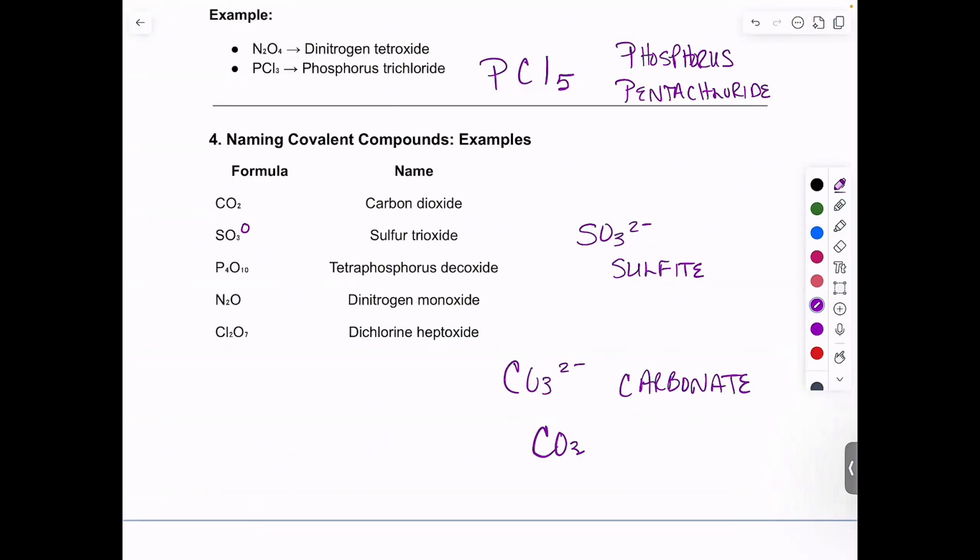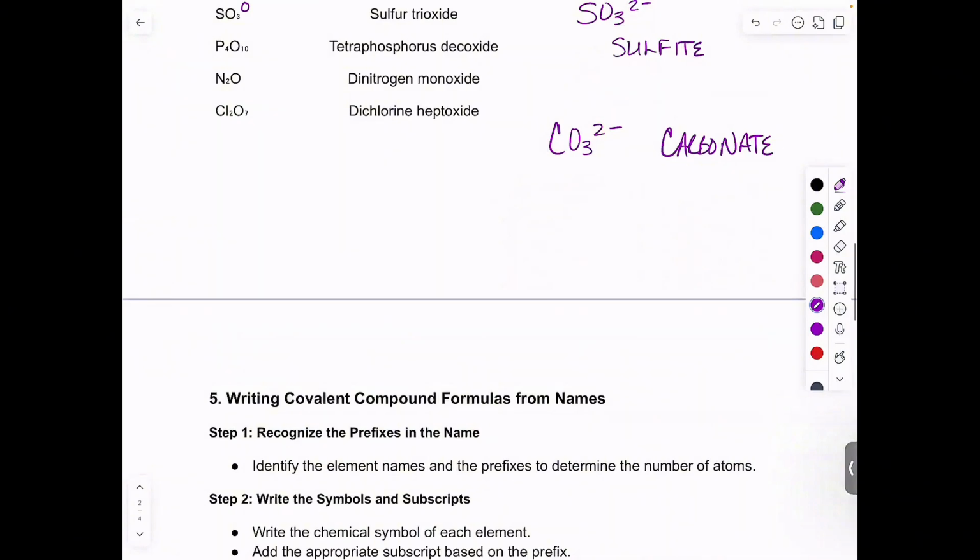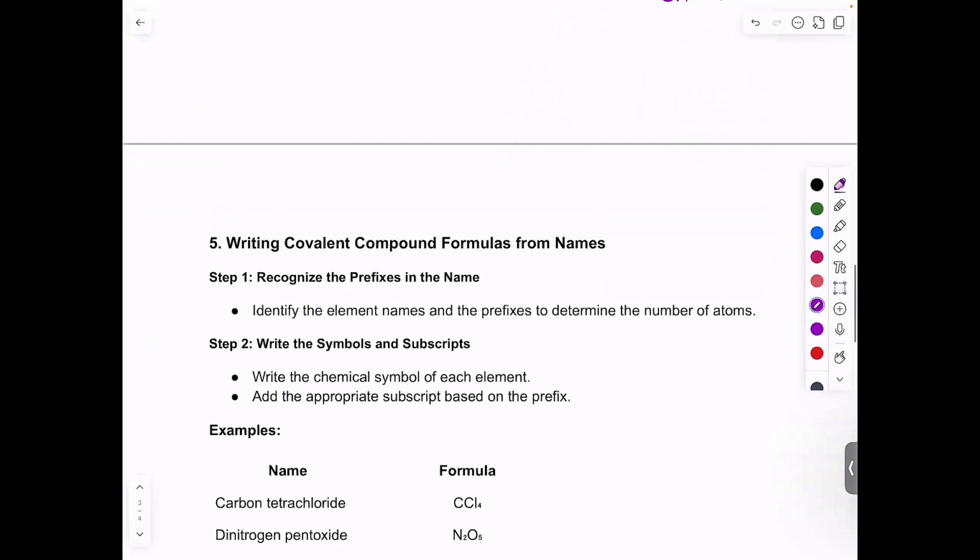Just know we have different combinations of these nonmetallic elements coming together. So there's the CO3 carbonate, and I'll write that a little more carefully there, carbonate. Okay, so these are different. These are polyatomic ions versus the actual covalent compounds. One's charged, one is not.